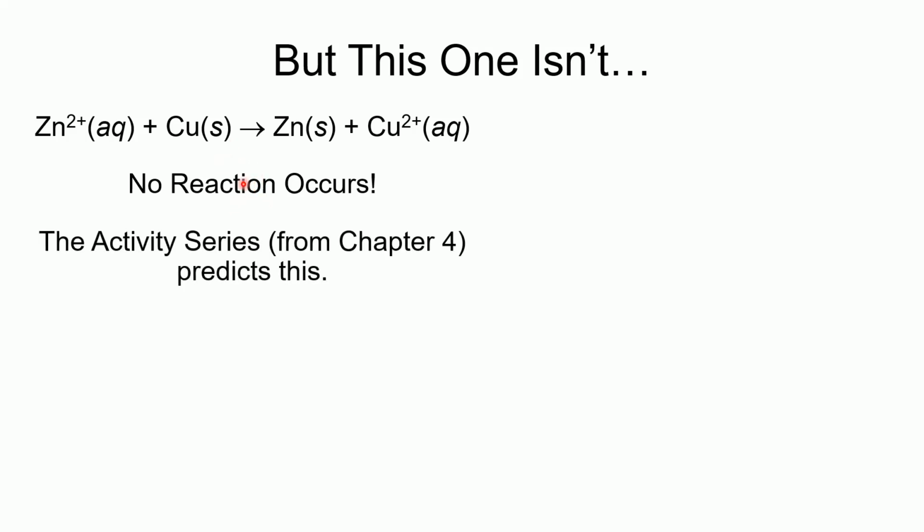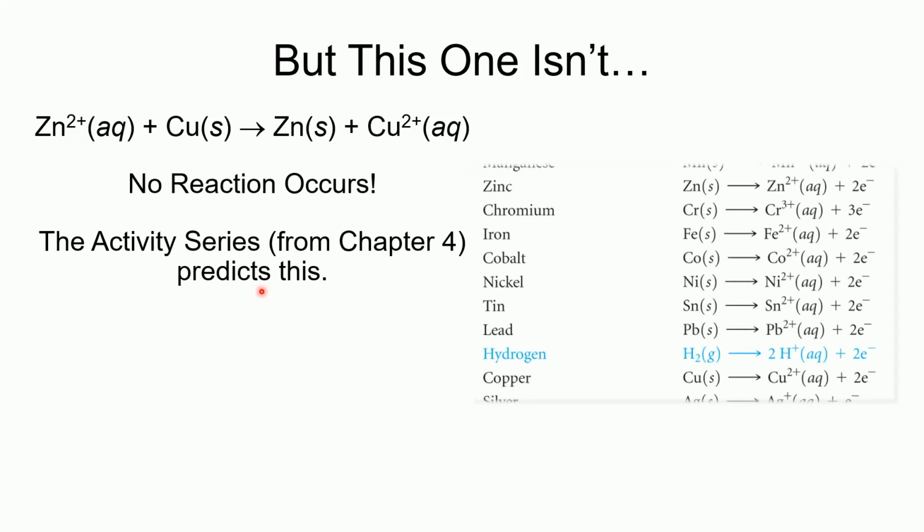So this would be an uphill reaction. If you remember, back in chapter 4, we have a way of predicting whether these kinds of reactions can occur by using something that we call the activity series. The activity series is just a list of metals and hydrogen that have varying levels of activity, which just means reactivity.